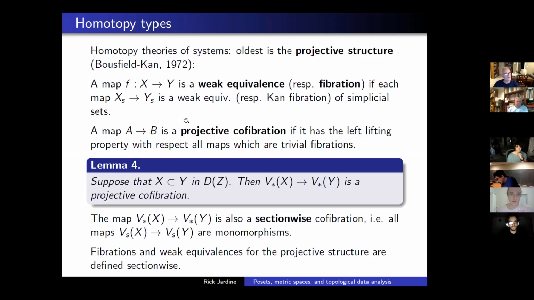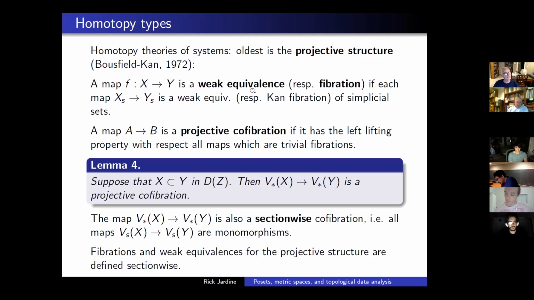And so a map of systems is just a natural transformation. You say it's a weak equivalence if the corresponding map of simplicial sets is a weak equivalence for each parameter value S. And you say it's a fibration if each of the constituent maps is a fibration of simplicial sets, which means cofibration. And we don't need to know what that is right now. All right.